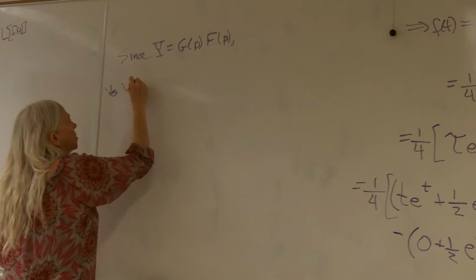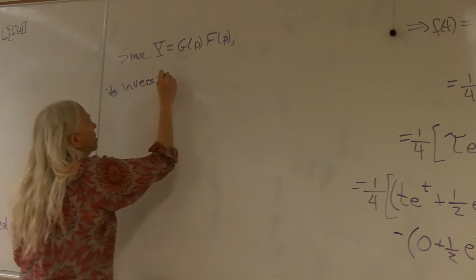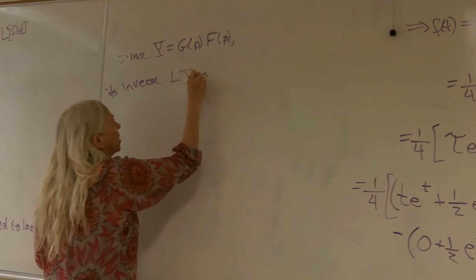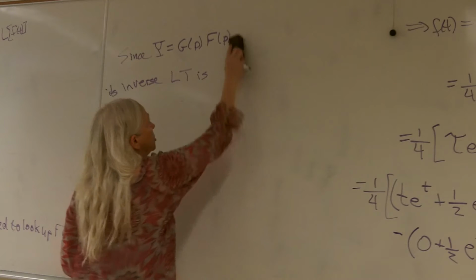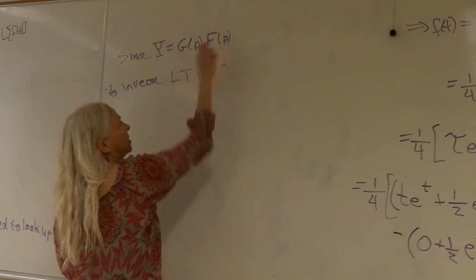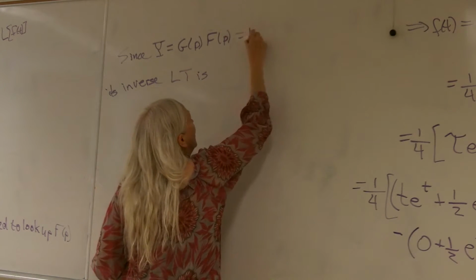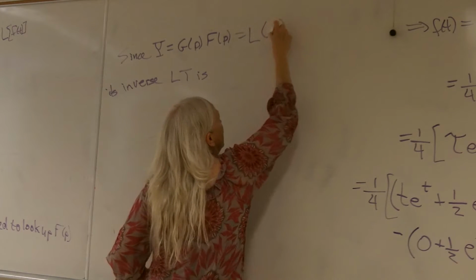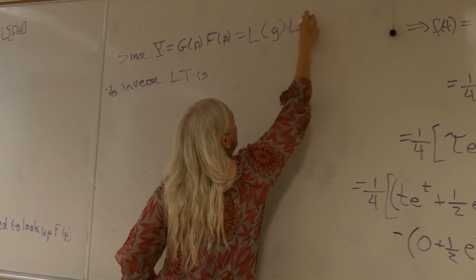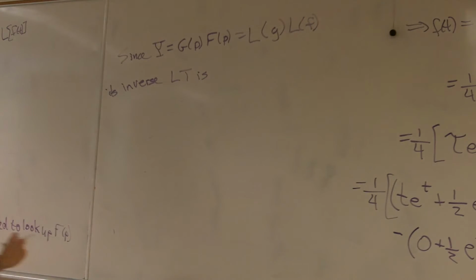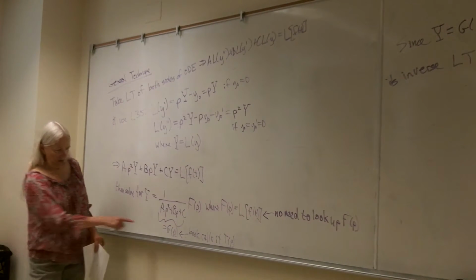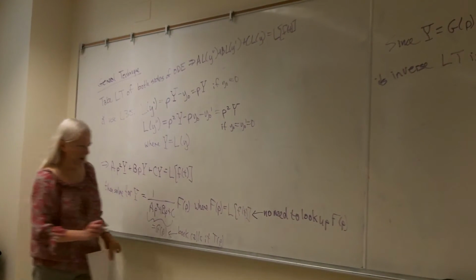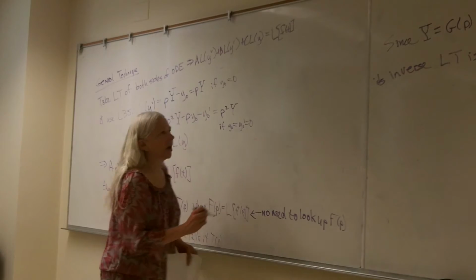So take its inverse Laplace transform by using the convolution theorem, because remember capital G times capital F is really shorthand notation for the Laplace transform of little g times the Laplace transform of little f. So if you can find your capital G in the tables, right?